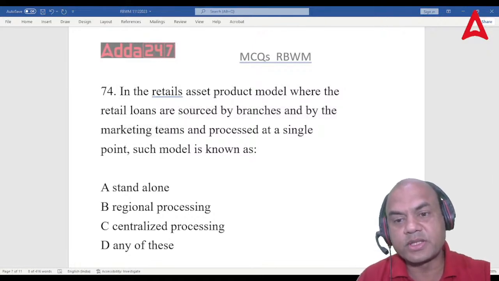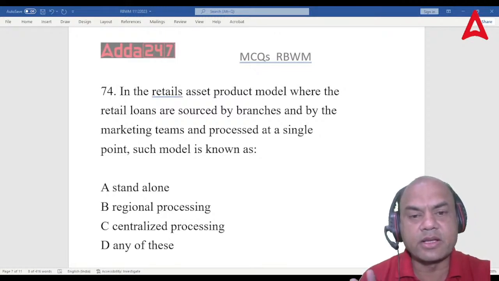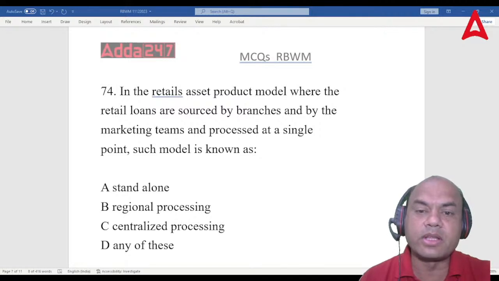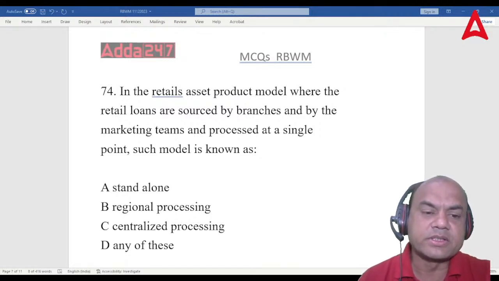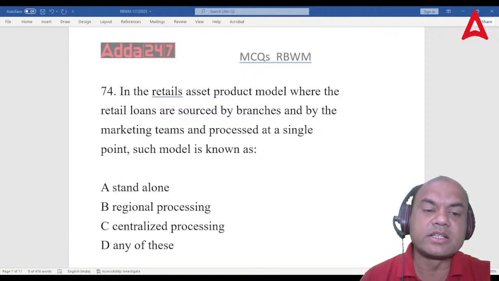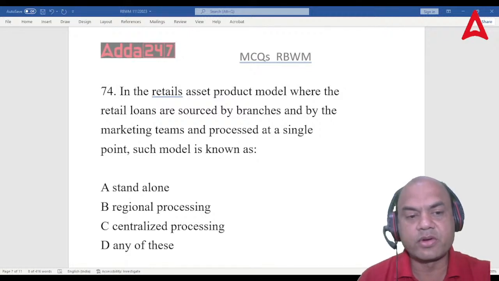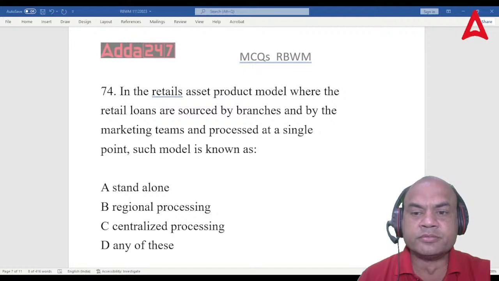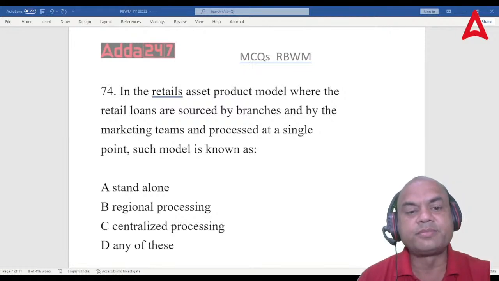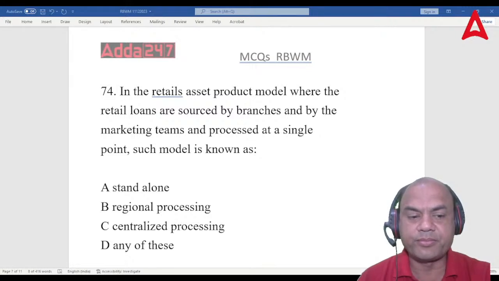So what is the answer for this? All the branches are giving these documents and they are processed at only one level. One processing center is there. So that is called as standalone, regional, centralized, and any of these. What do you think? Think over it. I'll just wait for 1 minute.